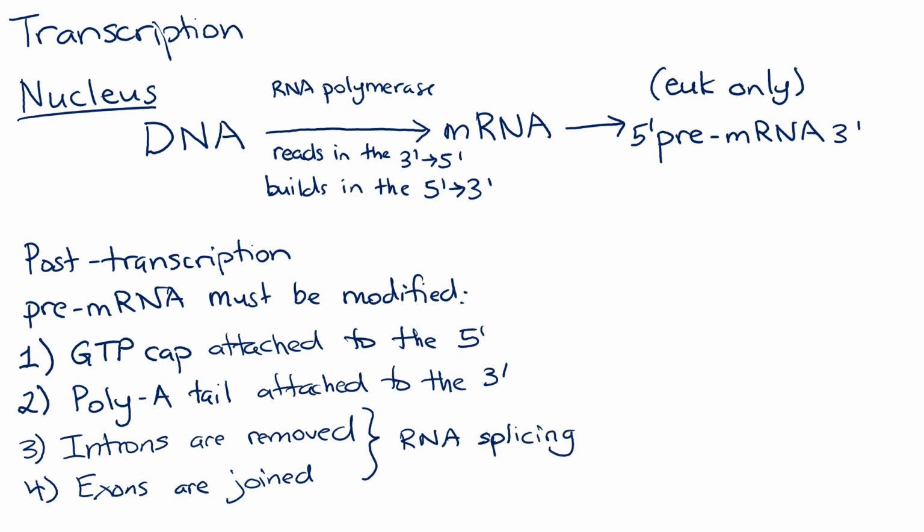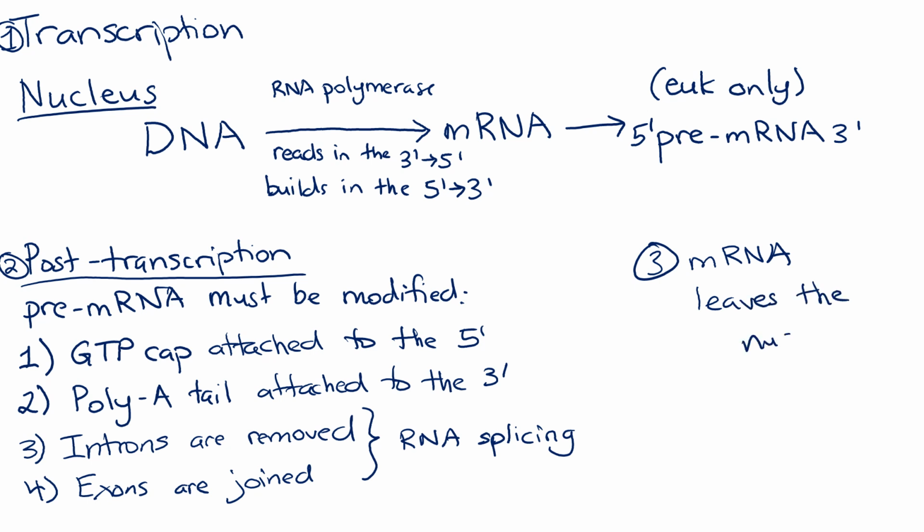And then we have the third step. So we're labeling, first part is transcription, post-transcription, and then we have mRNA, and this is the mature mRNA that leaves the nucleus. Let's talk about translation.